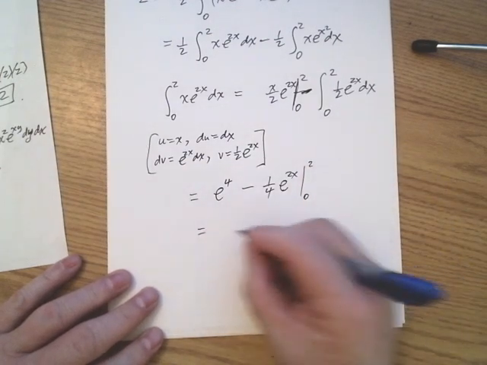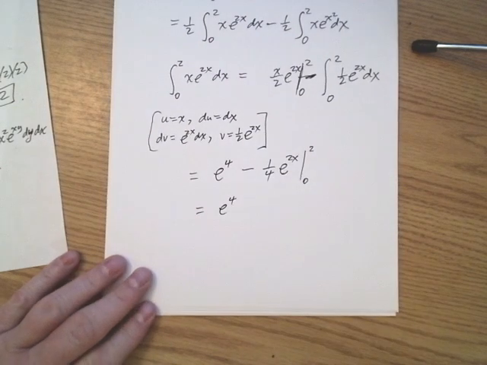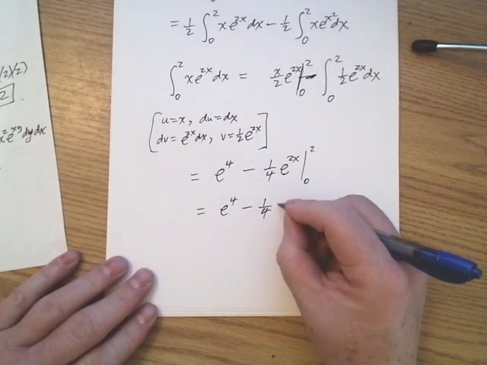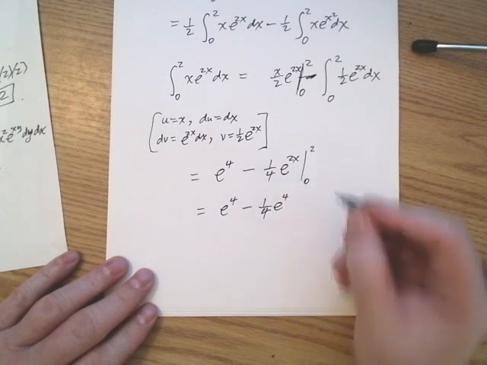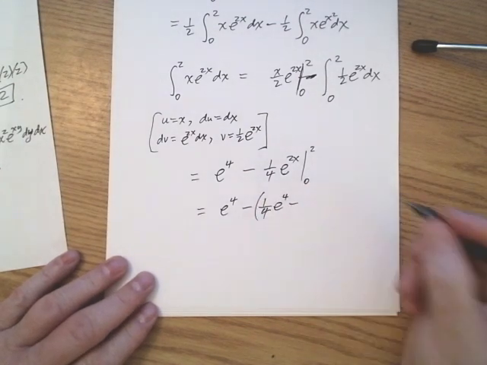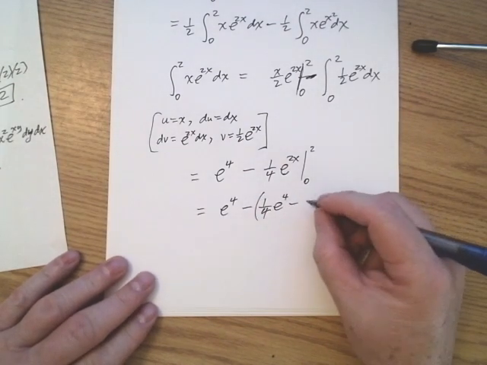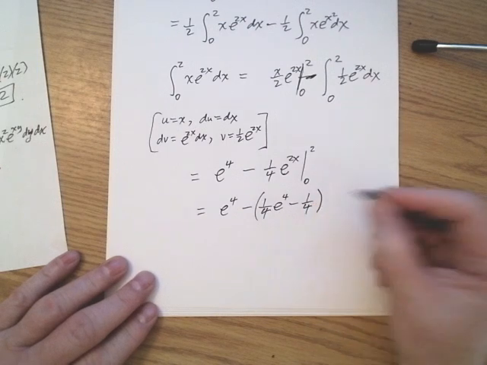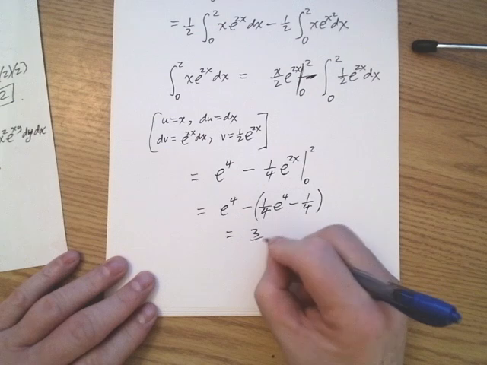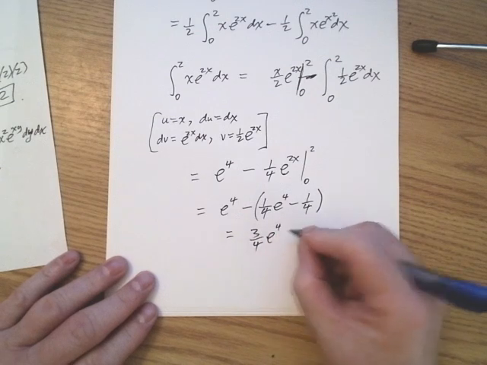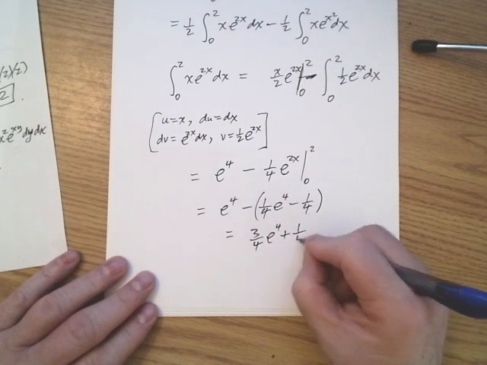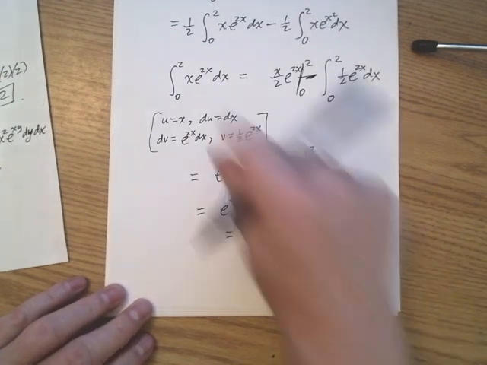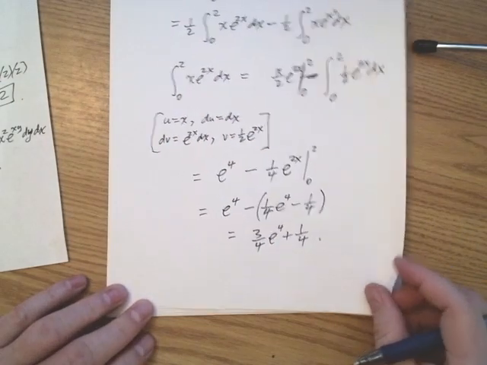And what do we have here? e to the 4th minus 1/4 e to the 4th minus, let's see, at 0, that is actually 1/4 e to the 0, which is really 1/4. So we get 3/4 e to the 4th plus 1/4. Okay. It's okay for that part. Don't forget we're going to take halvesies in the end on this too.